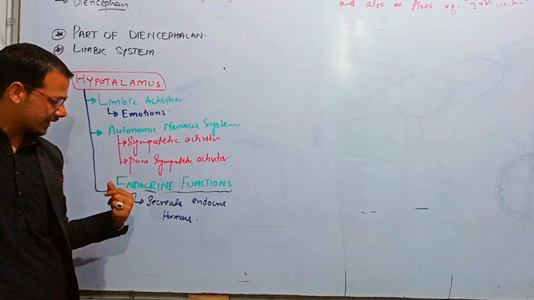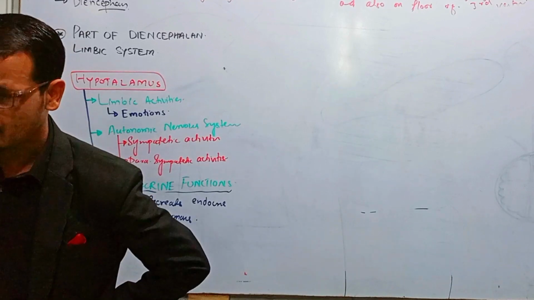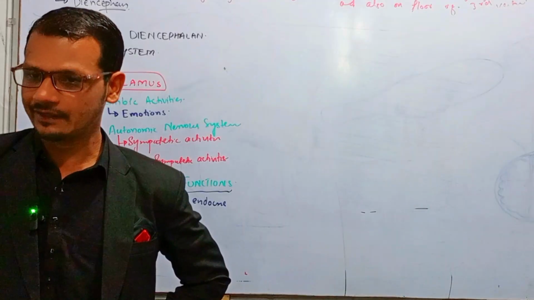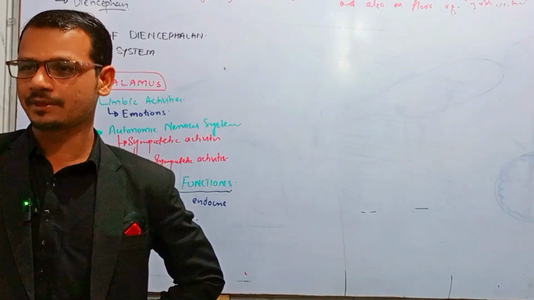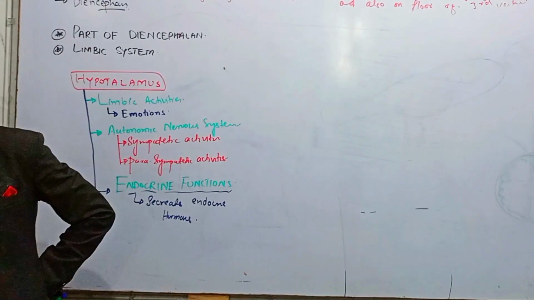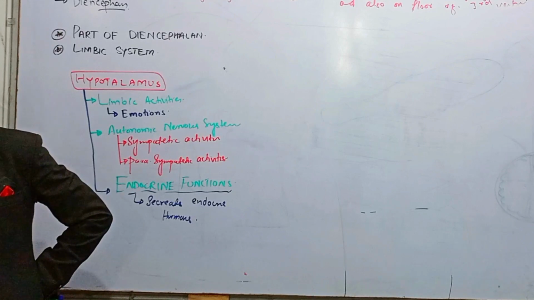The next thing is endocrine functions. Endocrine functions, for example, are the tropic hormones. Also, some of the inhibitory hormones are secreted by this hypothalamus. For example, oxytocin is released by oxytocin nuclei present in hypothalamus.